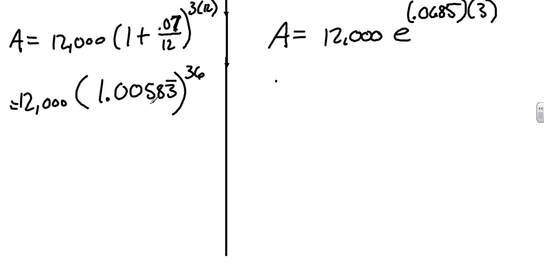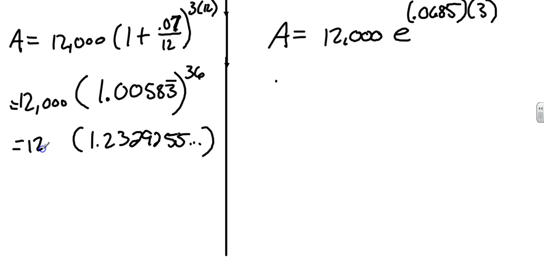Okay, so for that one I had 1.2329255 and whatever else that would be at the end of it there. And we're going to multiply that by 12,000. So you get $14,795. And this is where you would actually round off. That should go to 11 cents.